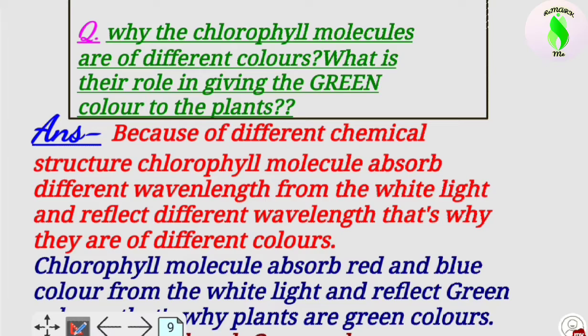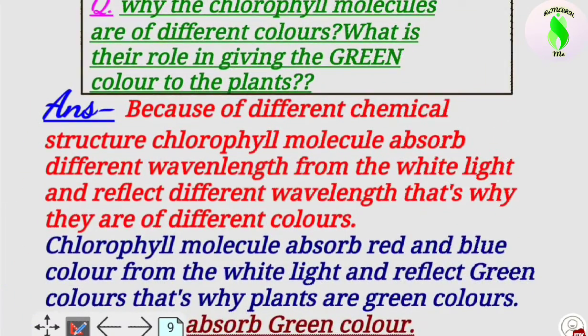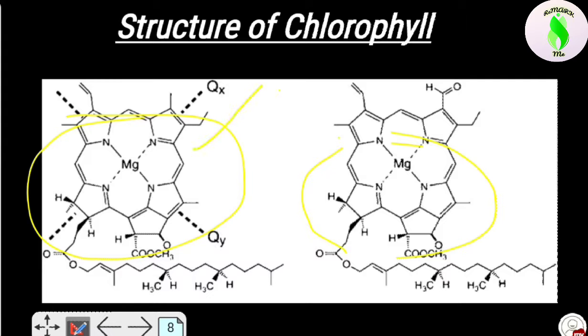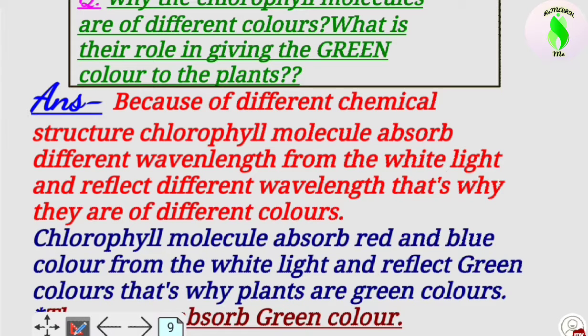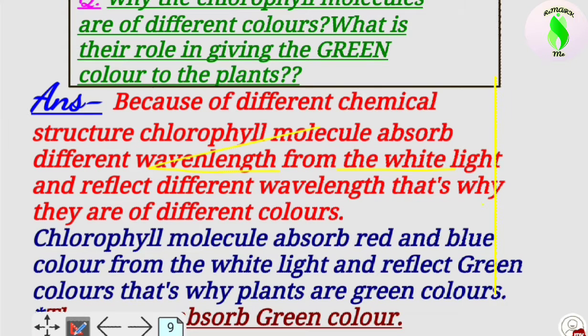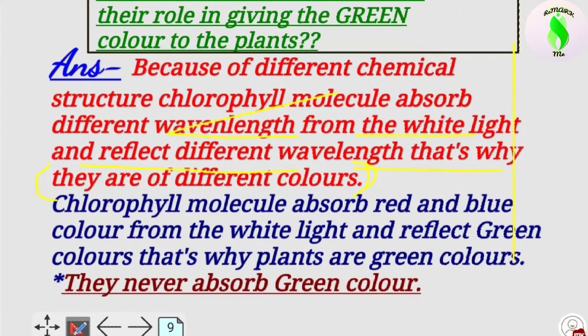The answer is that because of the different chemical structure, the chlorophyll molecule absorbs different wavelengths of light from the white light, and also reflects different wavelengths. That's why they are of different colors. It reflects different colors and absorbs different colors because of the structure difference. That's why chlorophylls are of different types and colors.